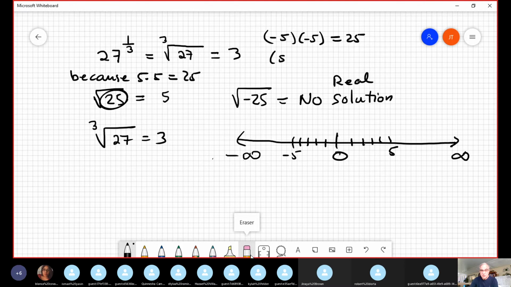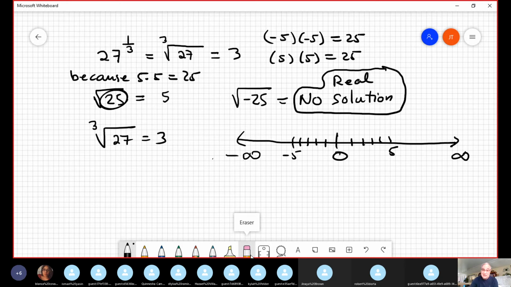No, because positive 5 times positive 5 is again positive 25 and never negative 25. The conclusion is that we have no real number, at least on this line, that satisfies this condition. That is the reason for no real solution. We have a solution, yes, but let's wait for test 5. But not real. It's imaginary, it's another thing.